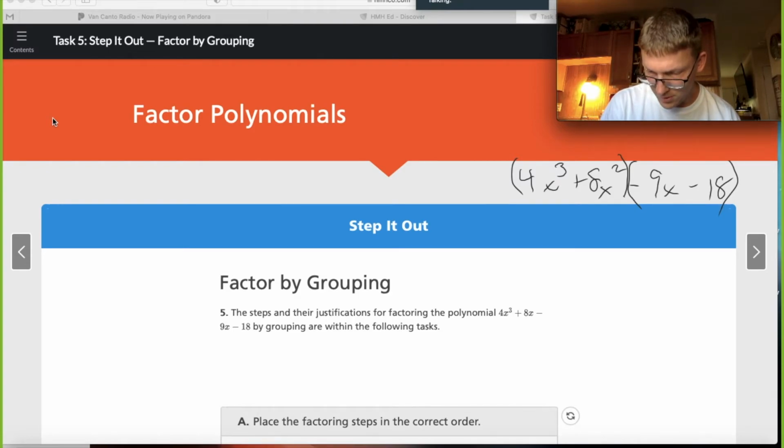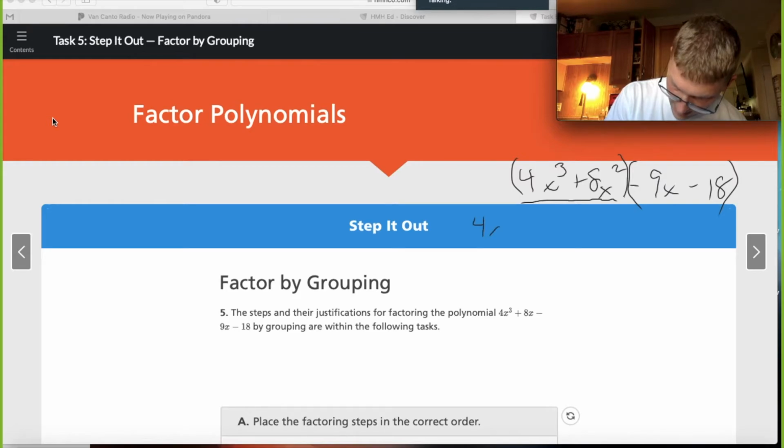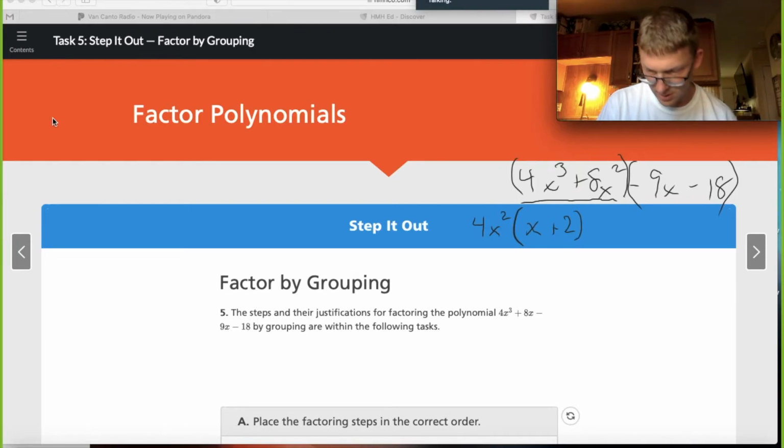So if we look at these first two, there is an x squared that they both have, and then we could also take a 4. So that's going to be a 4x squared on the outside, and then we're going to have x plus 2.